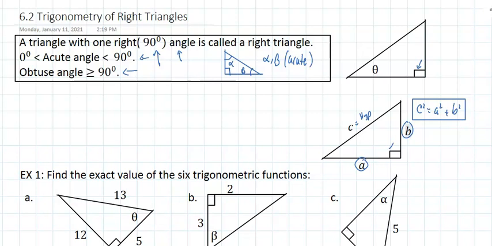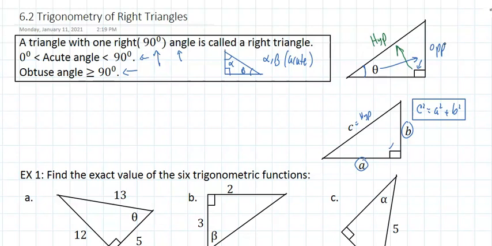We need to know that, given a right triangle, if you pick an angle theta, the fixed angle is 90 degrees. The side opposite of that is always the hypotenuse. Wherever I choose the angle theta to be, the side opposite of it would be labeled the opposite of theta. The hypotenuse is always fixed.